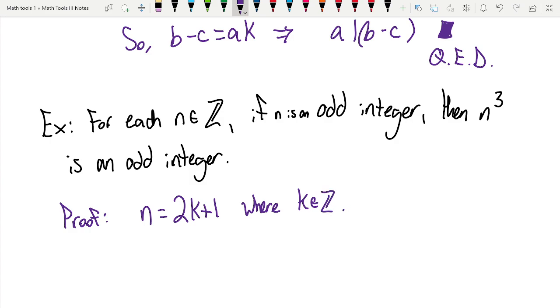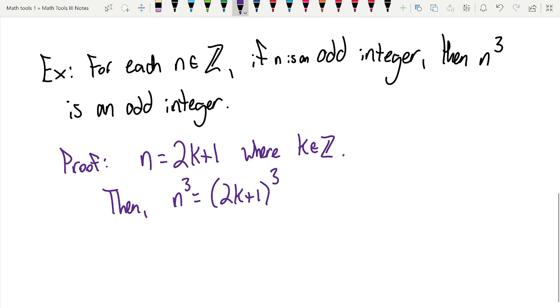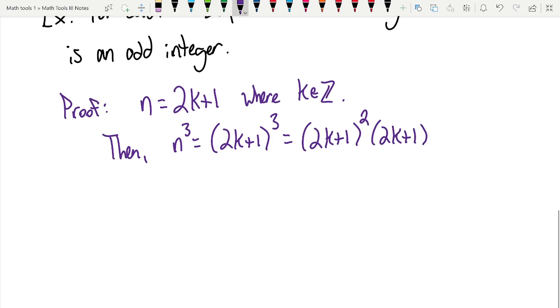Okay. Then n cubed is equal to 2k plus 1 cubed, right? So now we can just do some algebra and see what we end up with here. So I like to just square it first. There's formulas for cubing things, but I don't ever remember them off the top of my head. So we'll just square this first.